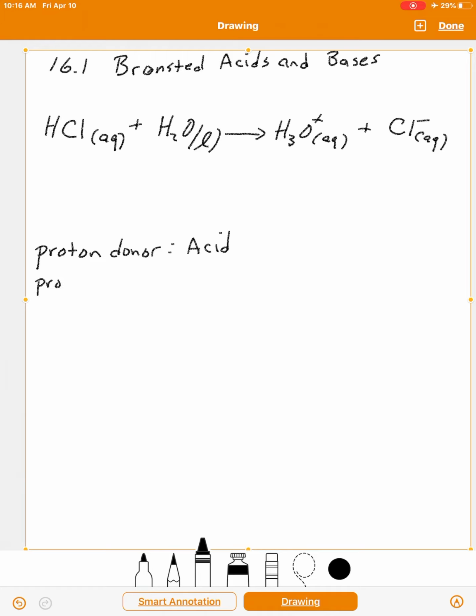The proton acceptor is called the base. And what you want to do in this section is identify the donor and the base from acid-base chemistry, and then we'll also take a look at the products as well.